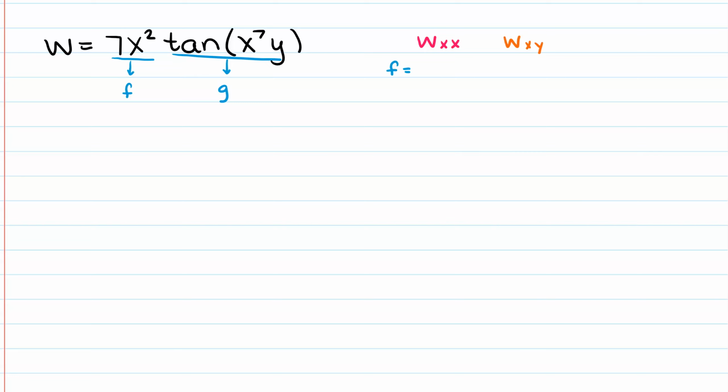So my f is 7x squared, and the derivative of f with respect to x is 14x. And then my g will be tangent of x^7y. So now g prime, and again, that's with respect to x here. Y is held as a constant. We're going to do the derivative of tangent is secant squared.